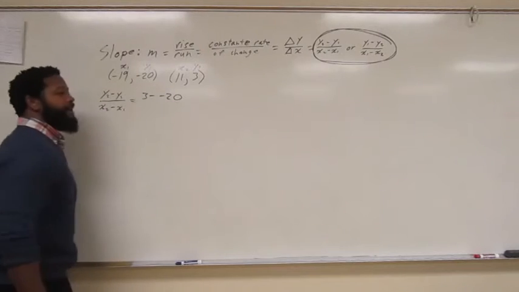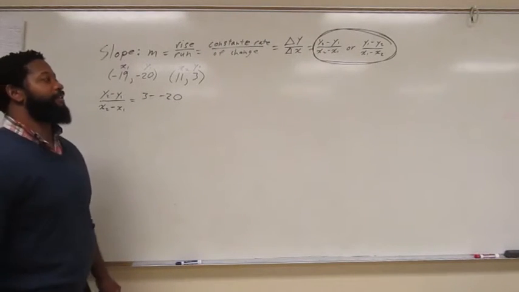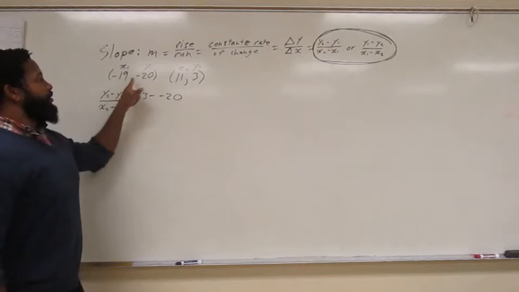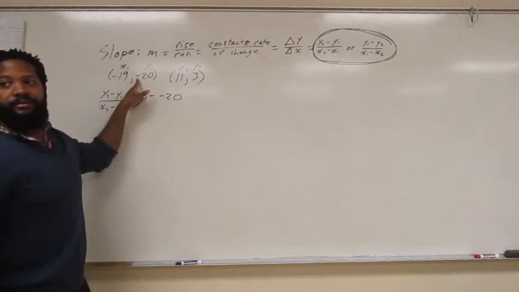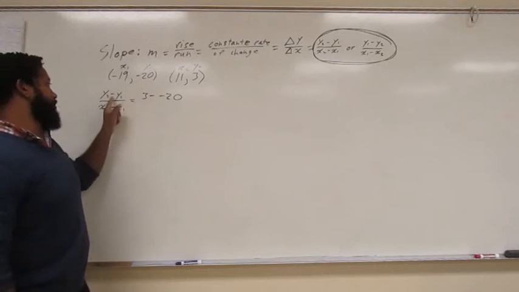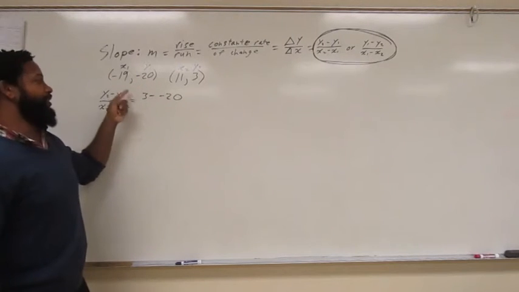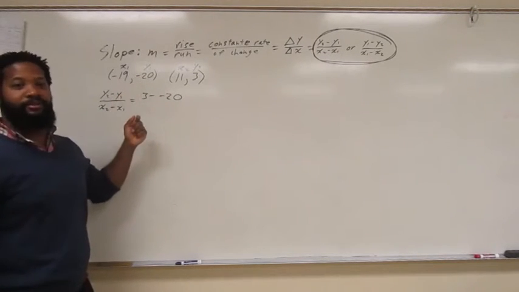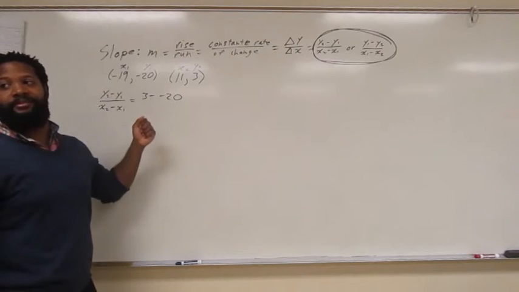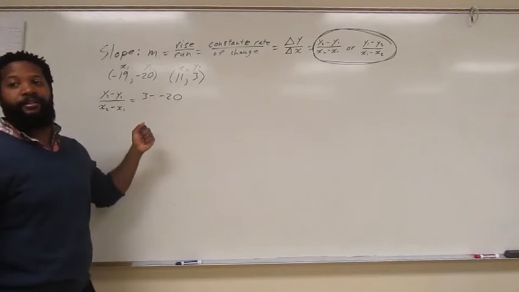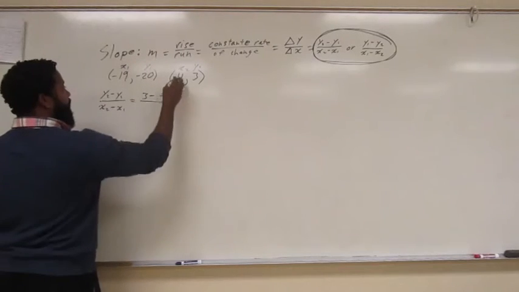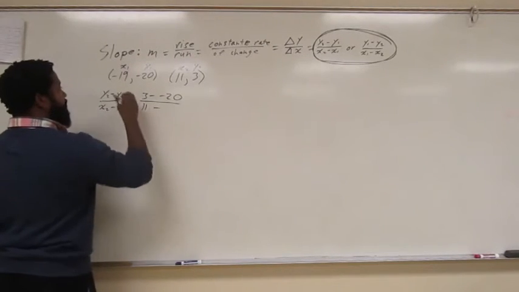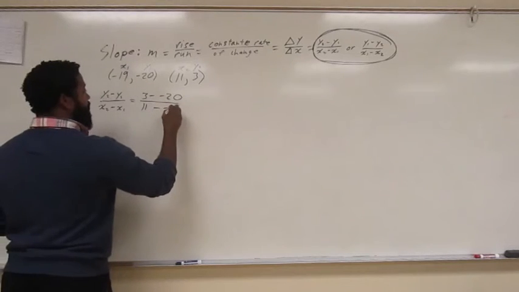What I also found, a couple of y'all were forgetting your negatives right here. Y'all think, oh, because it's already being subtracted, I don't have to put this negative. No, you need to. Please. Over 11 minus a negative 19.